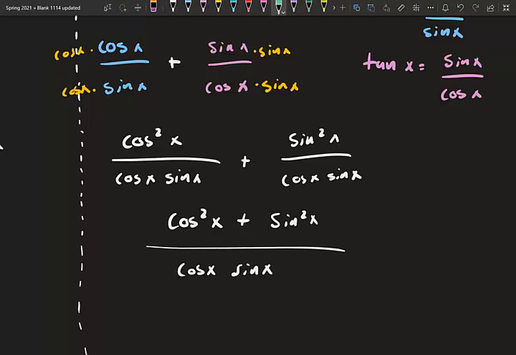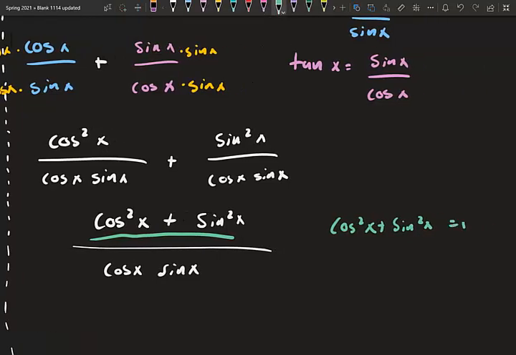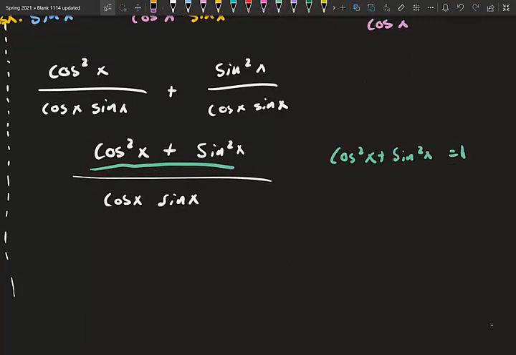Alright, we have functions that are squared and a plus sign, so we know that we should be looking at our identities. So we know cosine squared x plus sine squared x equals 1. So we're going to switch that to 1 using our Pythagorean identity. So we have 1 over cosine x sine x.